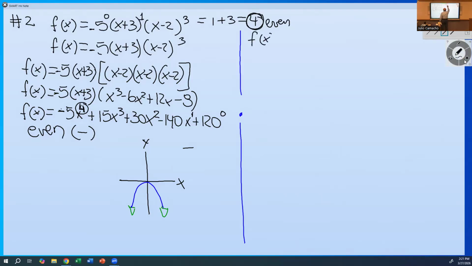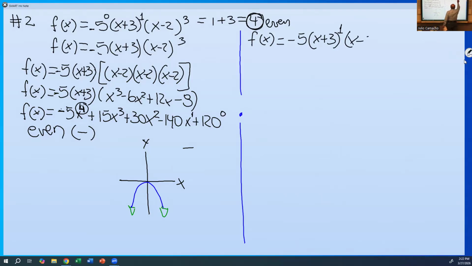The original factor form was f of x is equal to -5 times x plus 3, and we know the degree is 1, and then x -2, and we know the degree is 3.